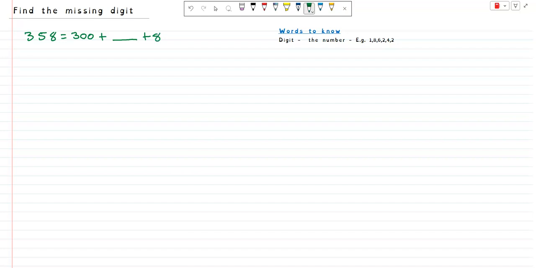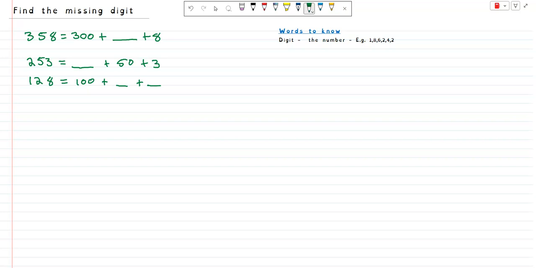Our next question, please write these questions down in your book. 253 equals something plus 50 plus 3. Then we have 128 equals 100 plus something plus something. Okay, so this is where we need to find the missing digit.